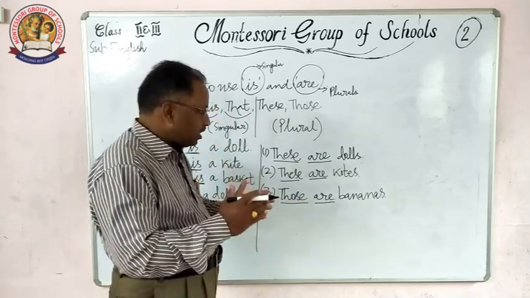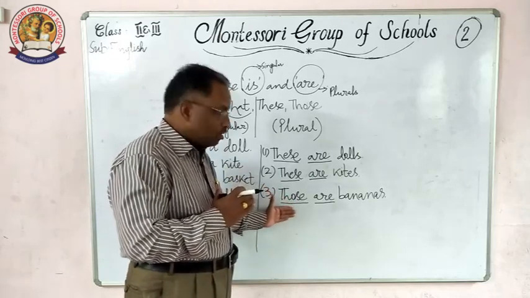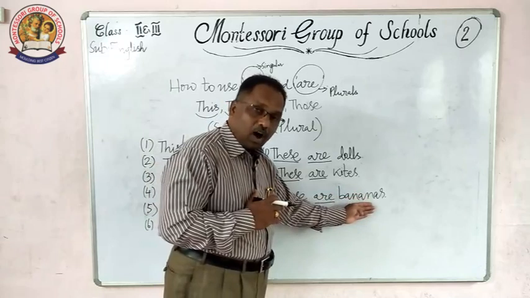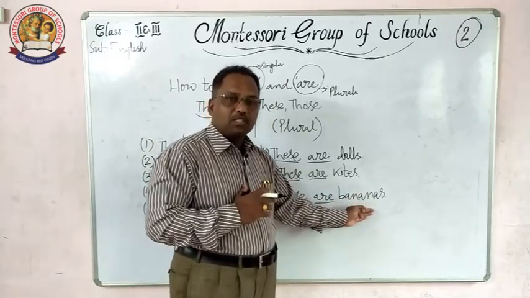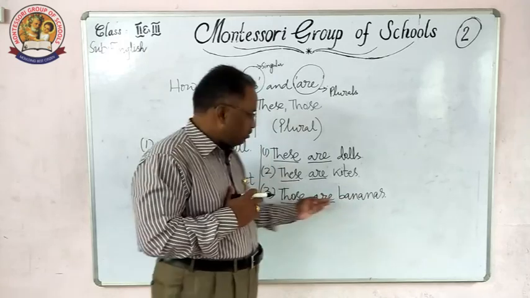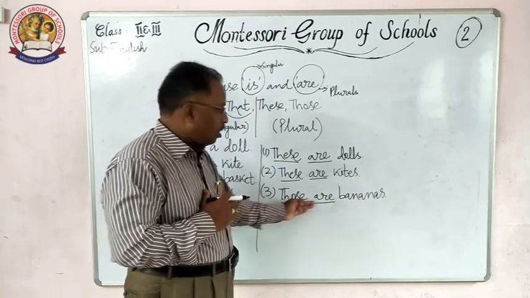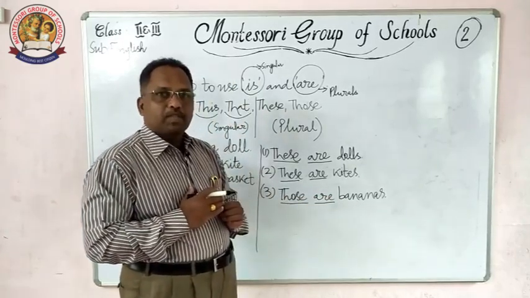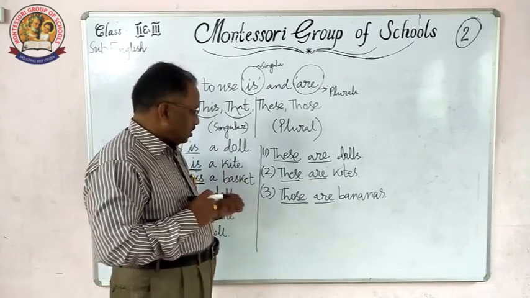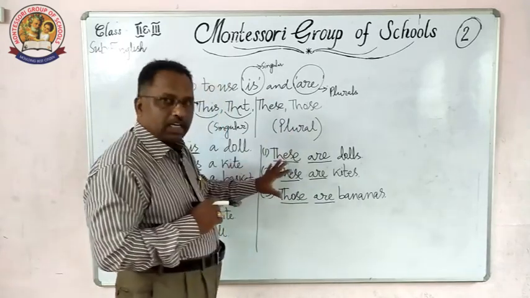So when we are using a singular pronoun, the object also must be singular. Object in the sense the last part of the sentence. When we have a plural subject, plural pronoun, the object also must be plural. Okay. Now, this, that, these, those, it is clear.